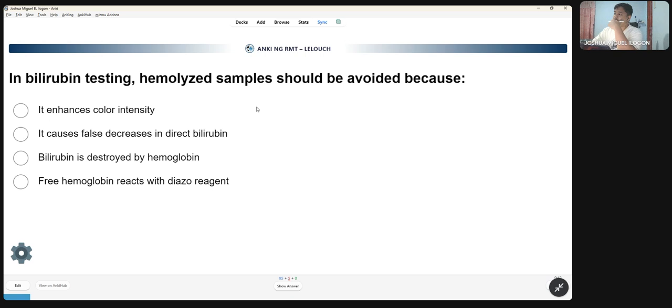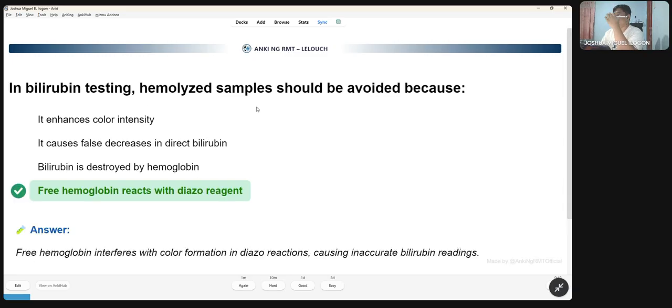Bilirubin testing, hemolyzed samples should be avoided because it will interfere with the diazo reagent.